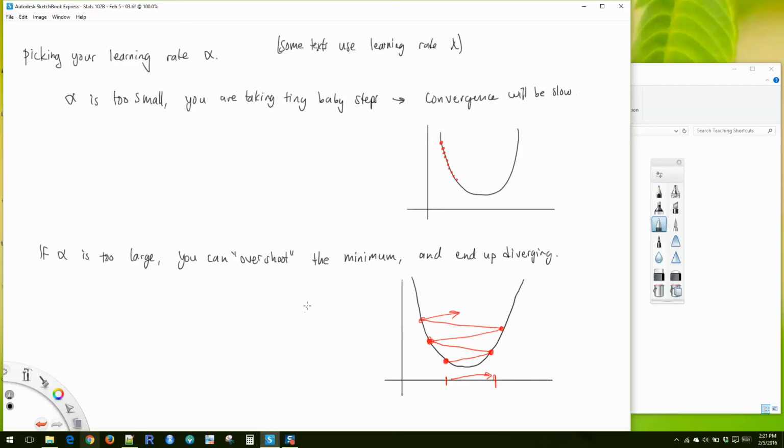Okay. And then a note about gradient descent is that gradient descent will get trapped at local minimum. So if you have a curve like this, okay, and you start over here, it's going to move down, and it's going to stop there. Okay. Yes.